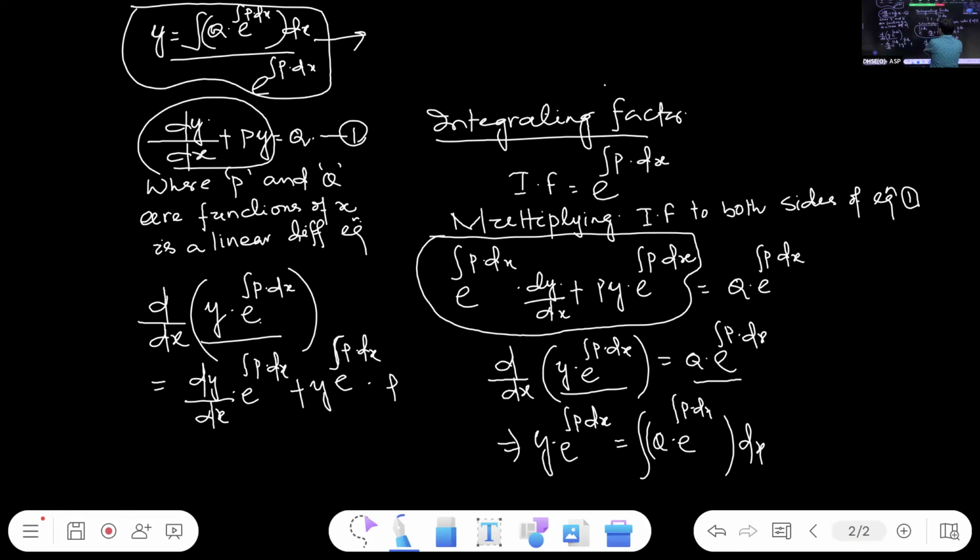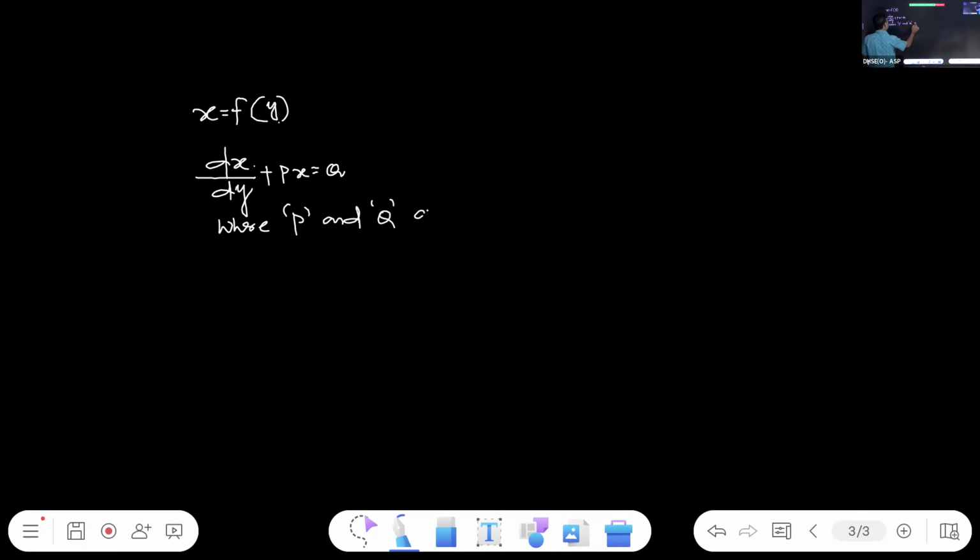If y is a function of x, then the format of the equation is dy upon dx plus py is equal to q. If x is a function of y, then the format of the equation is dx upon dy plus px is equal to q, where p and q are functions of y.